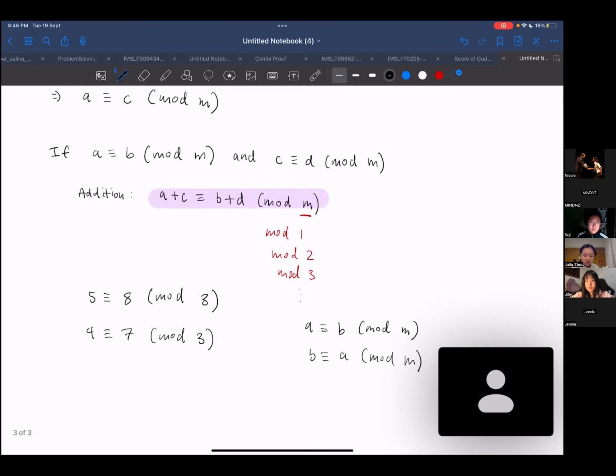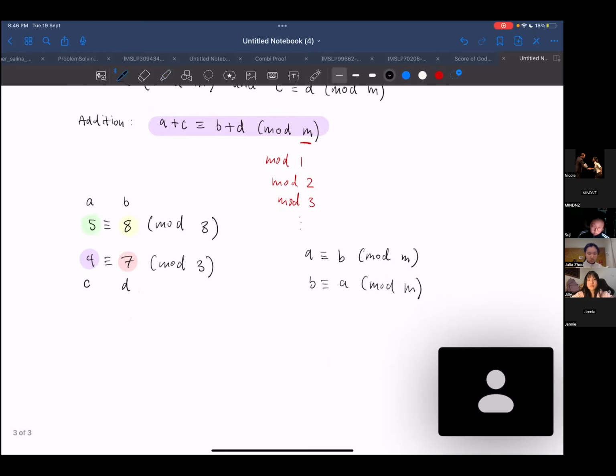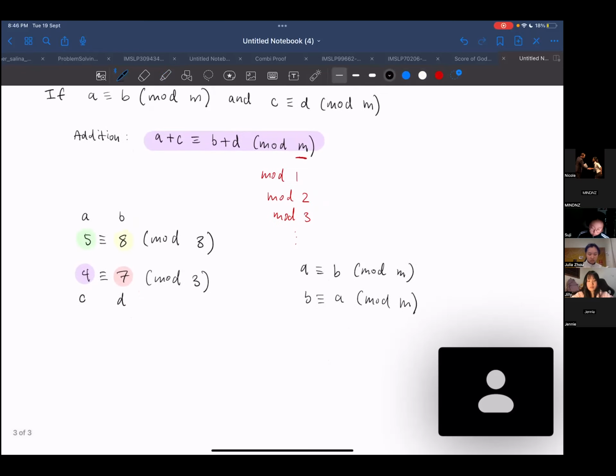So if we have 5, this one can be A, and then 8, this one can be B, 4 can be C, and then 7 can be D. Then we just want to plug these in to get this identity.